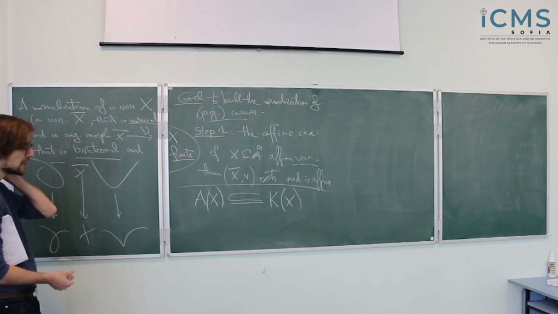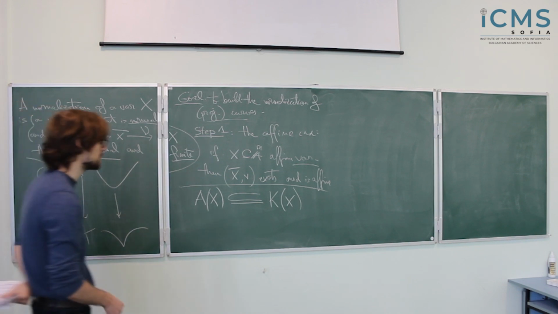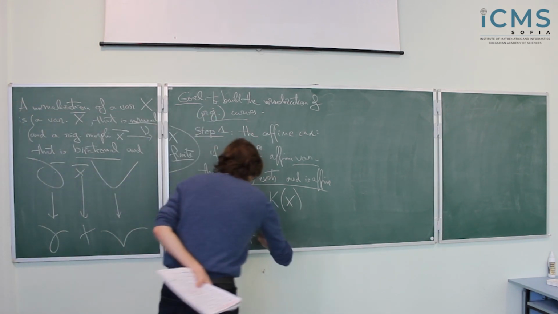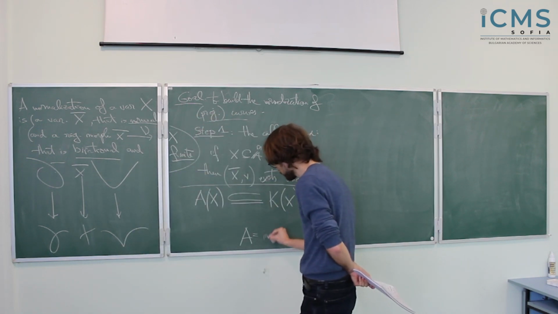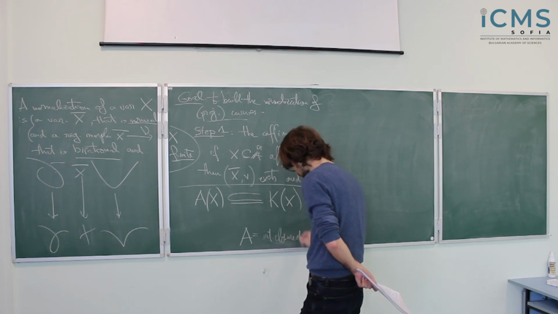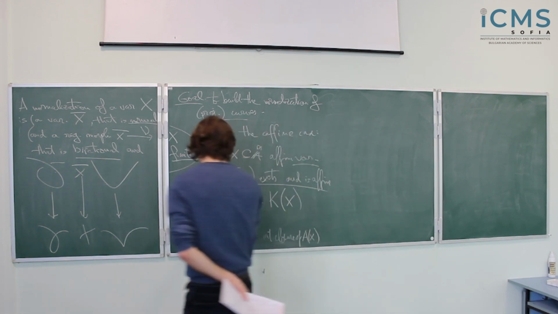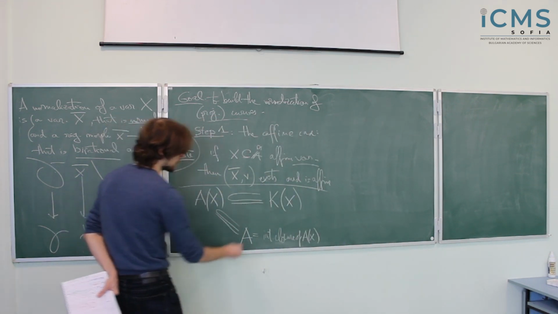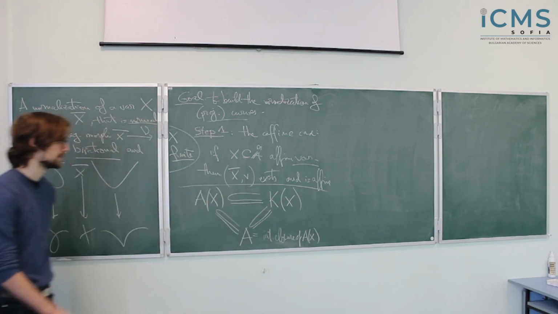So the easiest way to think about finding something smooth is to take its integral closure. I write A to be the integral closure of A of X, like this. So A of X is included inside, and all these elements are just elements of the fraction field.